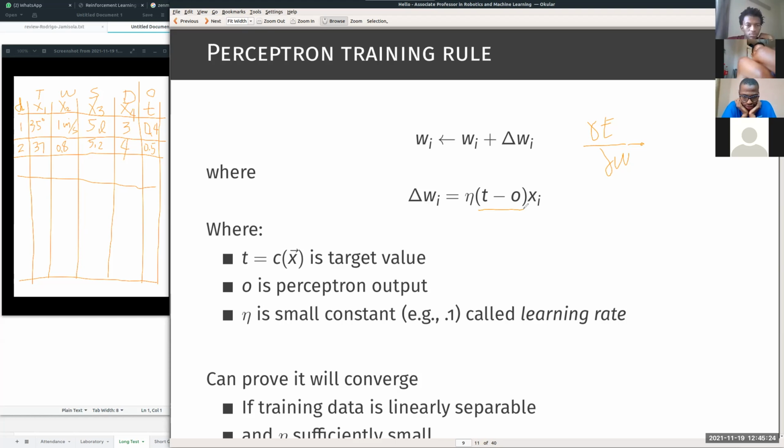Why? Are they equivalent? Okay, let me write. One is a summation, delta, and one is just a derivative, so they're not equivalent. You're saying they're not equivalent?